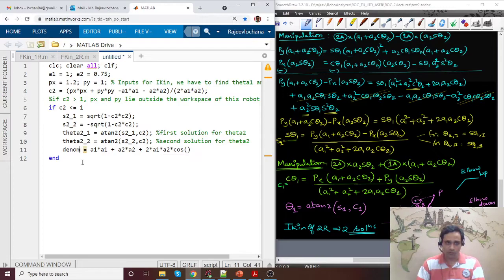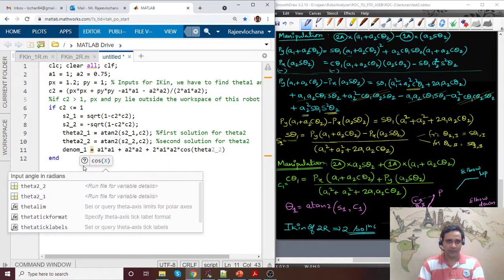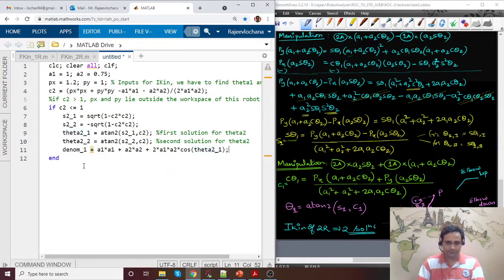We can choose both. Let me write it as denom 1 and we'll use theta 2 underscore 1 here. So this is one of the denominators. Similarly in denom 2, A1 and A2 will remain the same, only here we'll write theta 2 underscore 2. There are two denominators depending on which theta 2 you take, the first solution or the second solution.